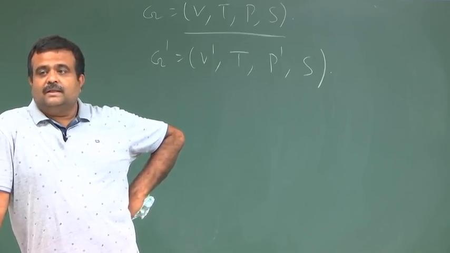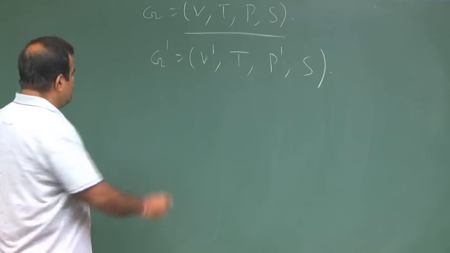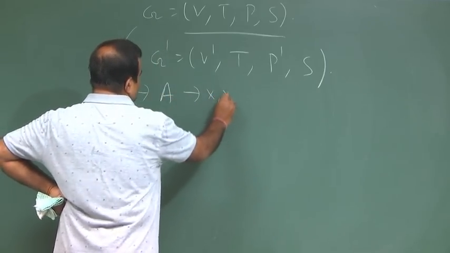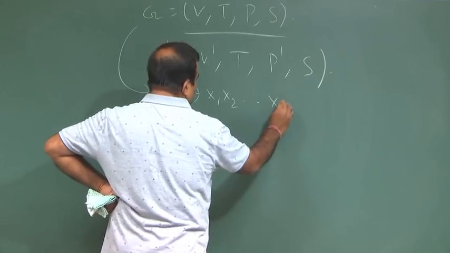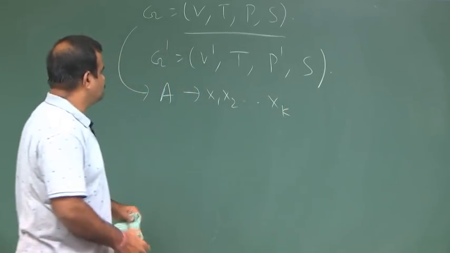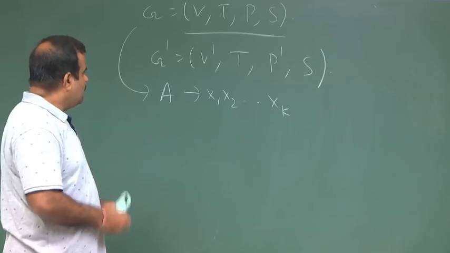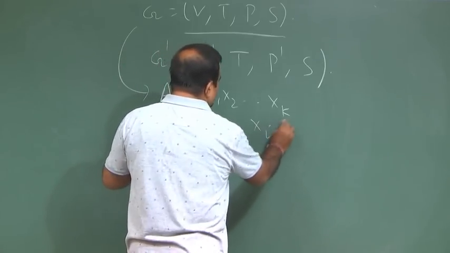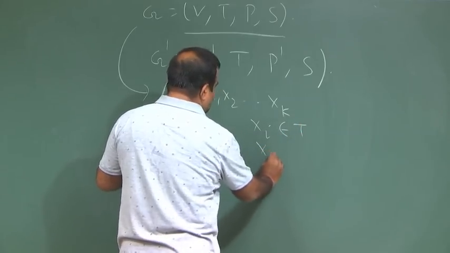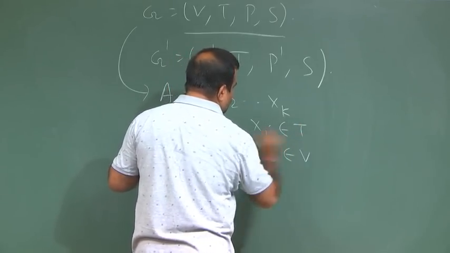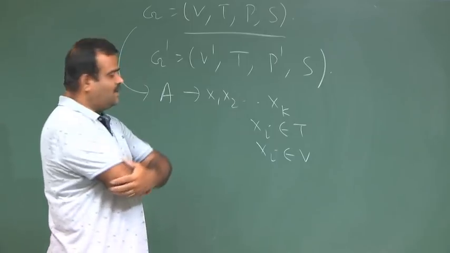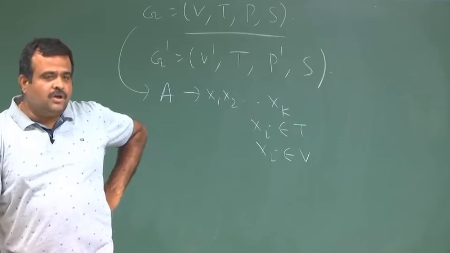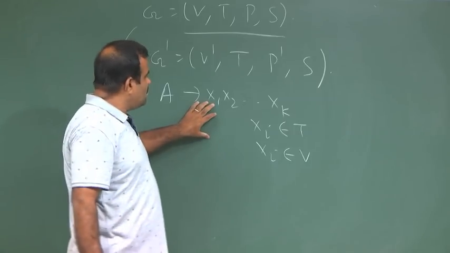Now, first suppose we are given a rule like this: A is going to x1, x2 up to xk. Some of the xi's will be coming from T and some from V. So, some of the xi's are variables, some of the xi's are terminals. If it is a terminal, then we want to bring it to a variable.